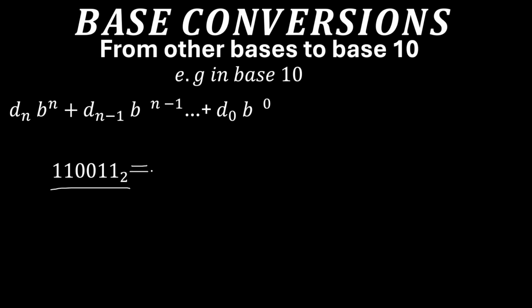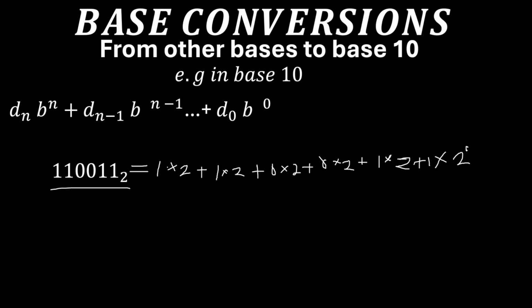This is equal to what? 1 times 2, plus 1 times 2, plus 0 times 2, plus 0 times 2, plus 1 times 2, plus 1 times 2, plus, at the last, 1 times 2, with the powers 0, 1, 2, 3, 4, 5.